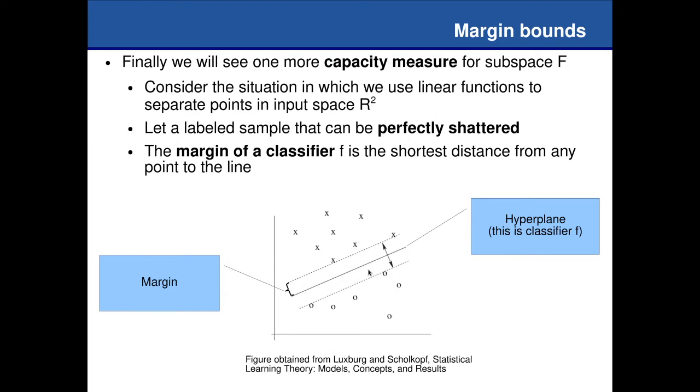So rho is exactly this distance over here, which is the margin. Okay, so this distance overall is twice the margin.